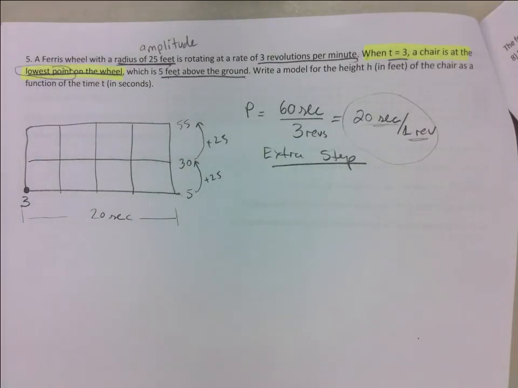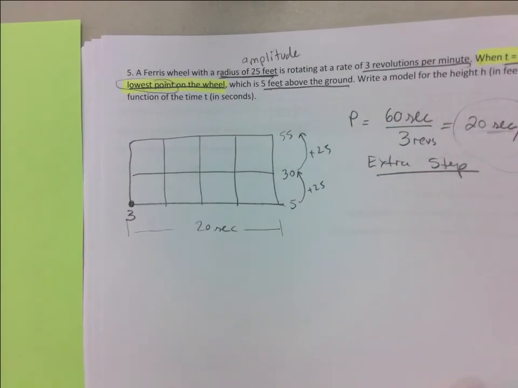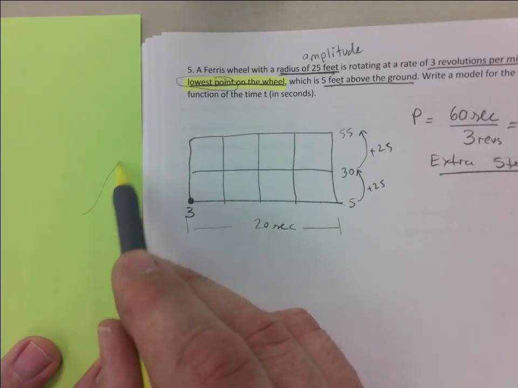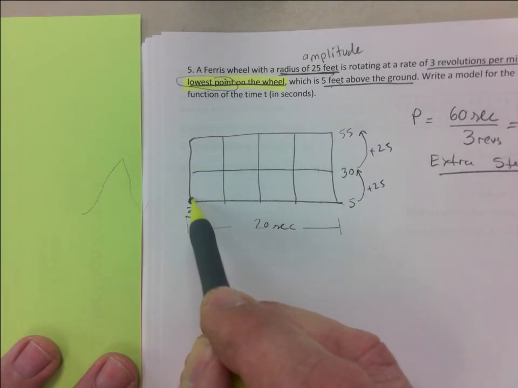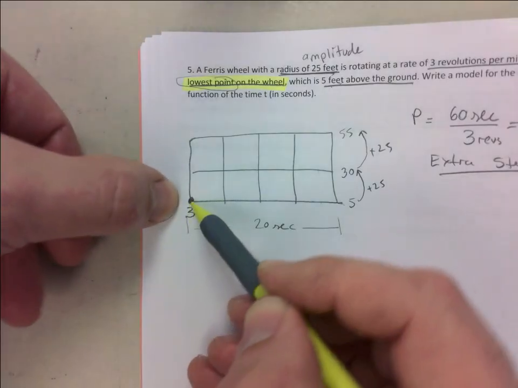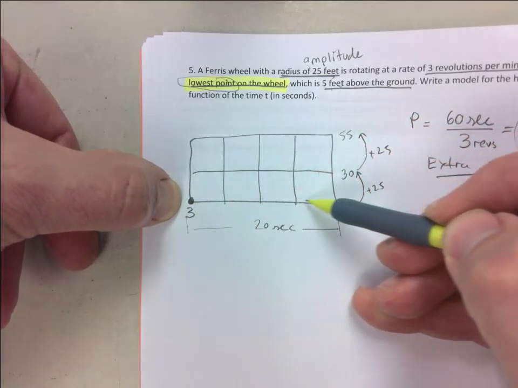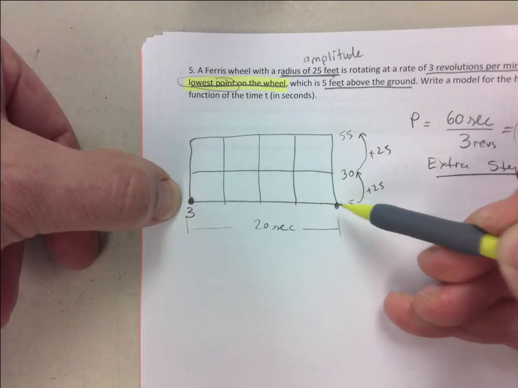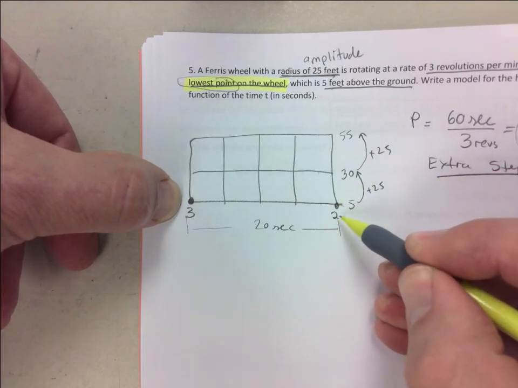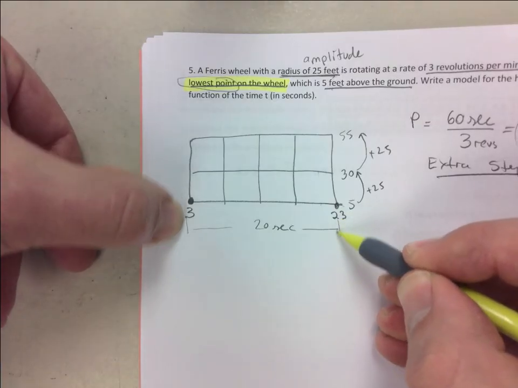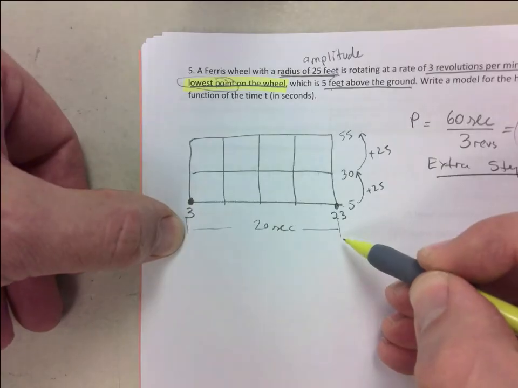Not 0, 3 seconds, because of the way it's worded. You have to imagine that it started already before, and we're now focusing in, okay, 3 seconds starts. What is 3 plus another 20? What are we going to be at if we come back down? 23, correct? That has to happen because one period is 20 seconds, okay?